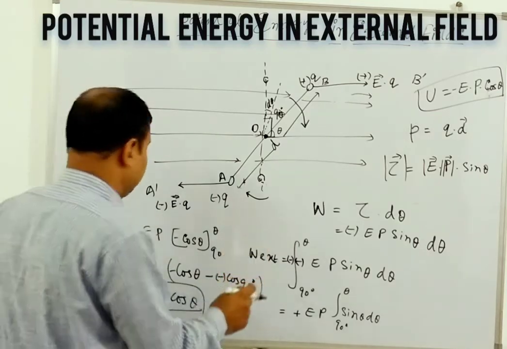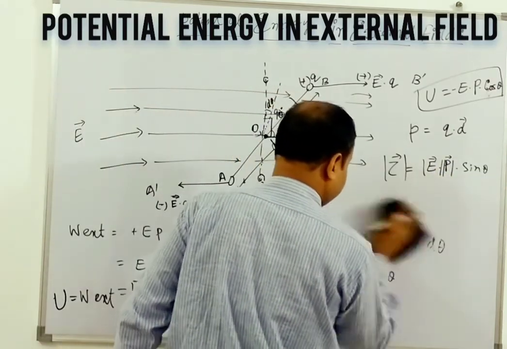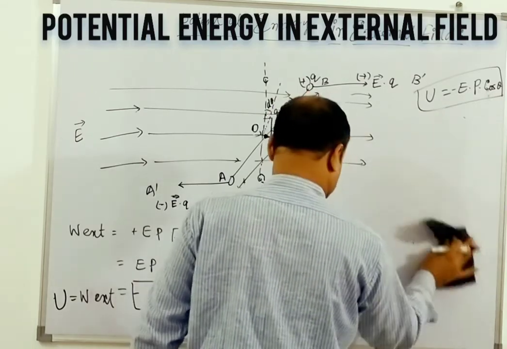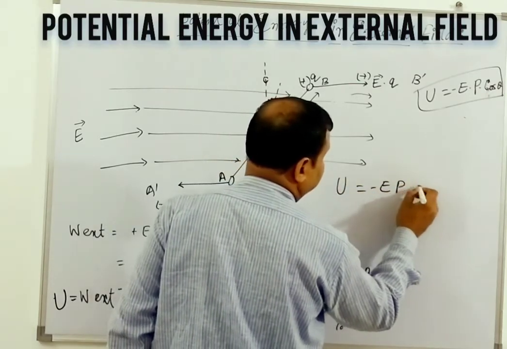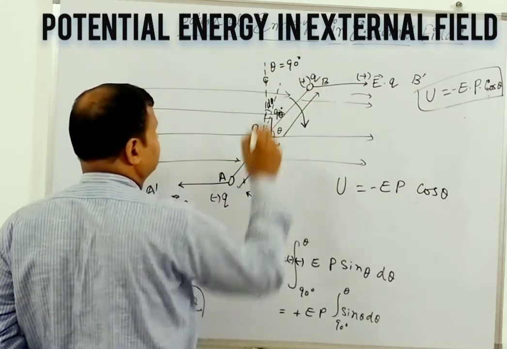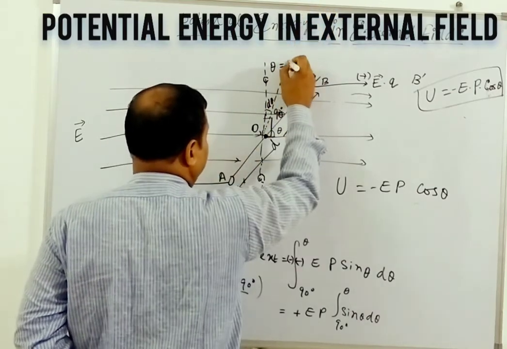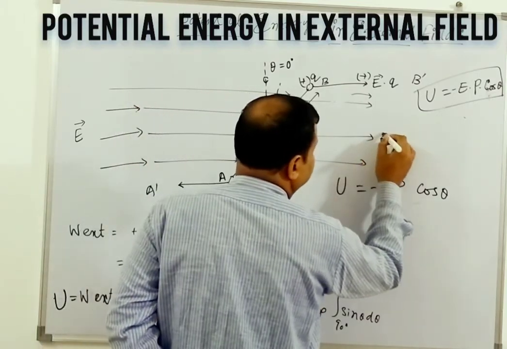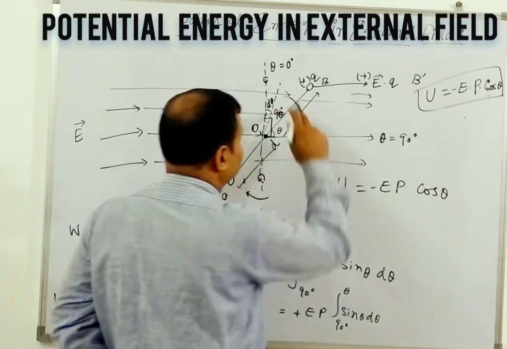Now we put values at the two positions, then you will understand what is happening. We got U equal to minus EP cos theta. Here theta is 0, because the dipole is yet to start moving, and there theta is 90 degrees. So the potential energy here will be the maximum.